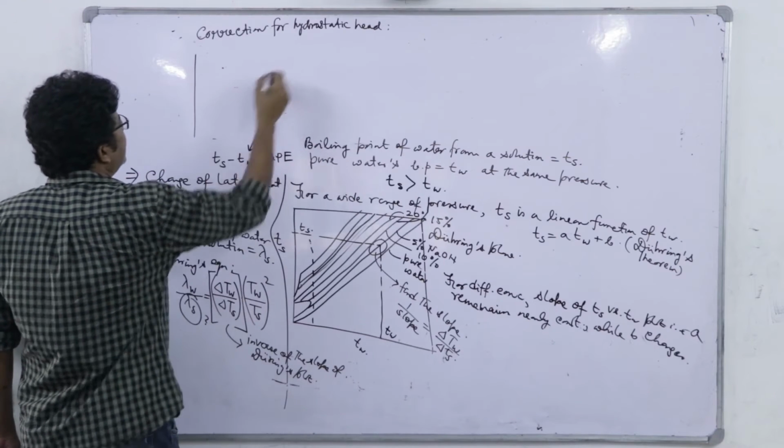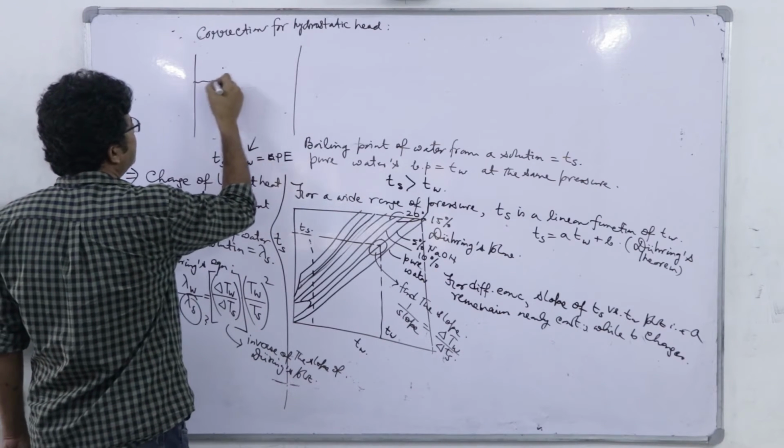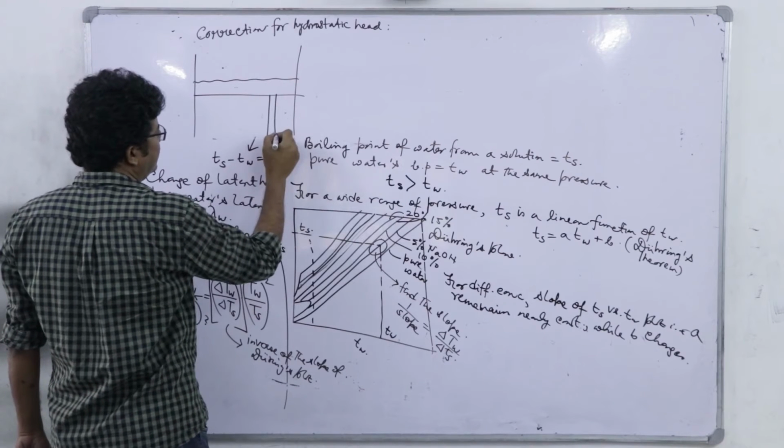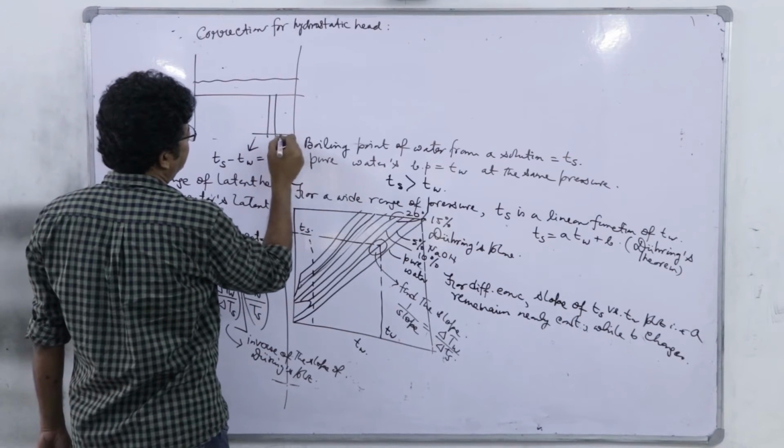What is the case? Think I have a calandria type evaporator, right, and this is the tube.